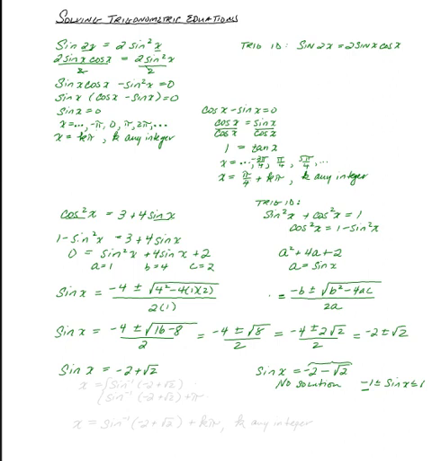So to solve for x, I've got to use my inverse sine here. So it's going to be the inverse sine of negative 2 plus root 2. But remember, that's only a single solution.